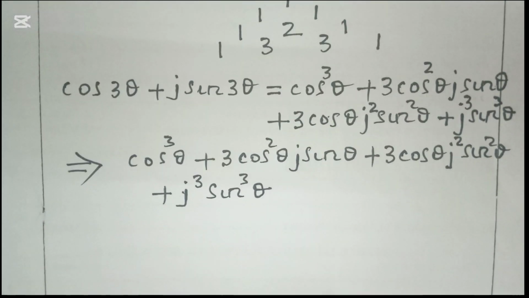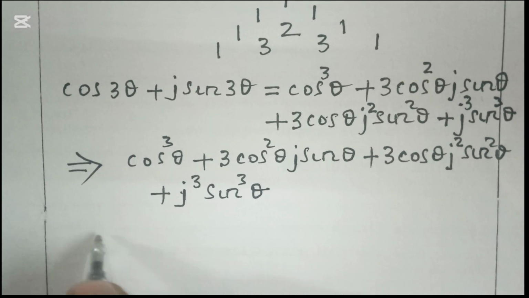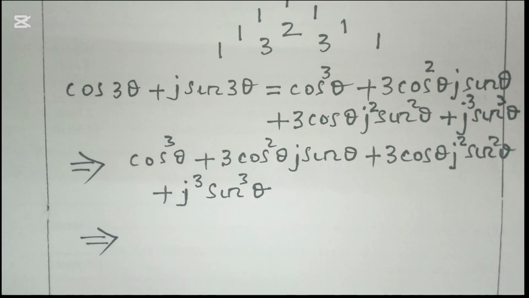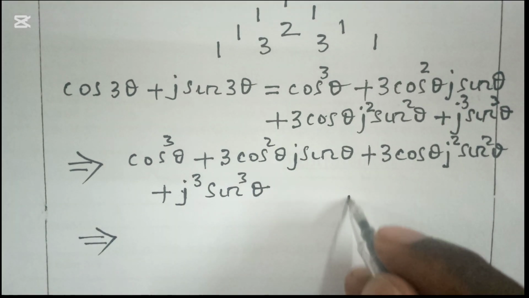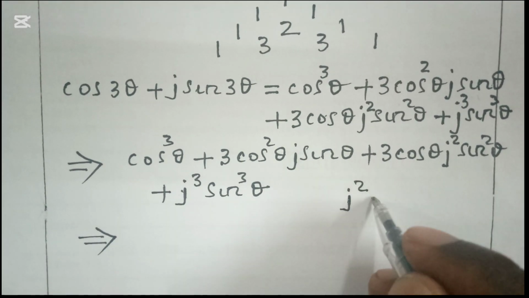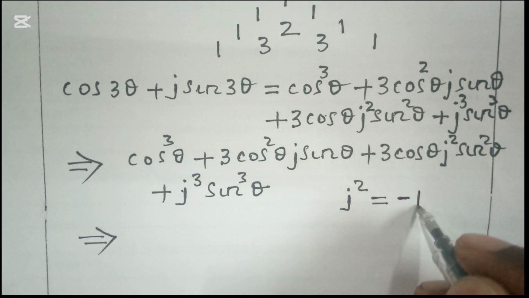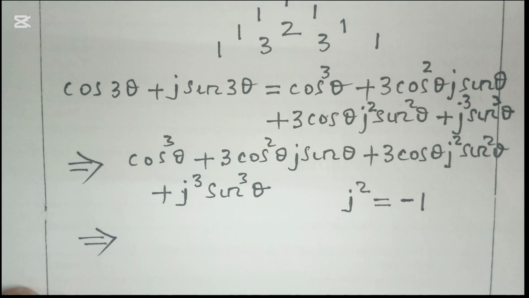After we have arrived at that point, we are now going to convert, because we know that j squared is supposed to be given by -1. We are going to replace that with -1.